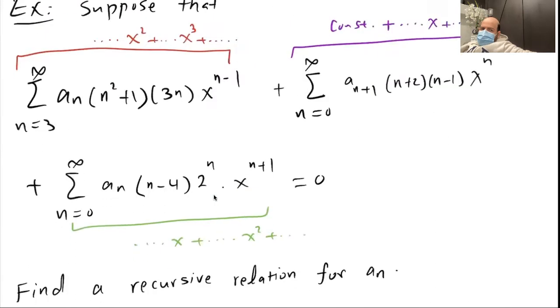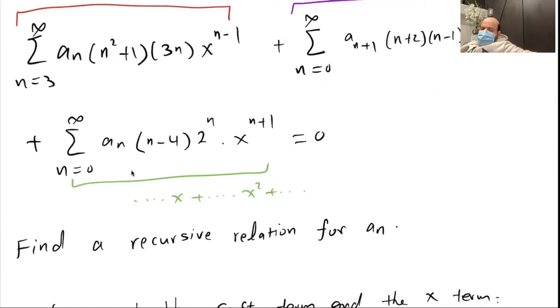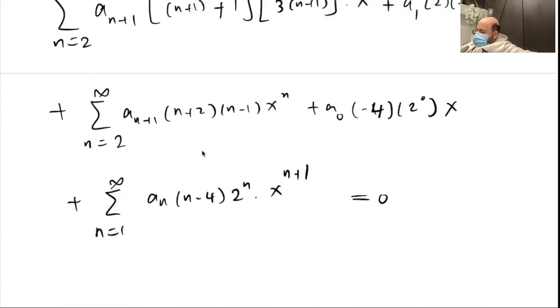equals 0. So for the third sum, the only thing I did was separate the x term, which corresponds to n equals 0, and then I wrote the rest of the terms in the form of a sigma from 1 to infinity of the same expression.